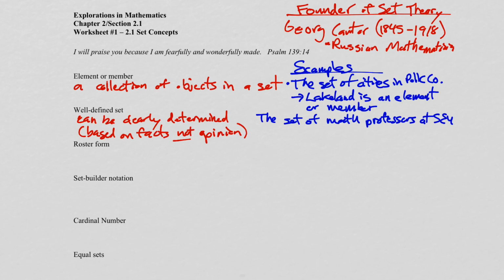But what would be not well-defined would be, let's say, the best math professors, because everybody's going to have a different opinion about that. So this is based on opinion, so that would not be well defined.